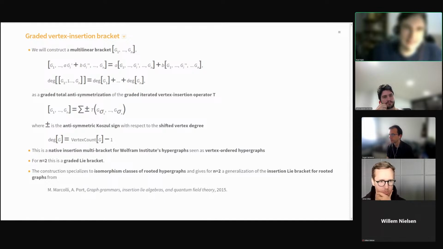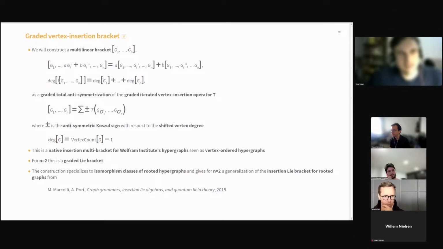There is going to be some degree, which I will define on the hypergraphs, and this bracket is going to preserve the degree. So the degree of the multi-bracket is going to be the sum of the degrees of each of the inputs. And this multi-bracket is going to be given as a total anti-symmetrization of the insertion operator.